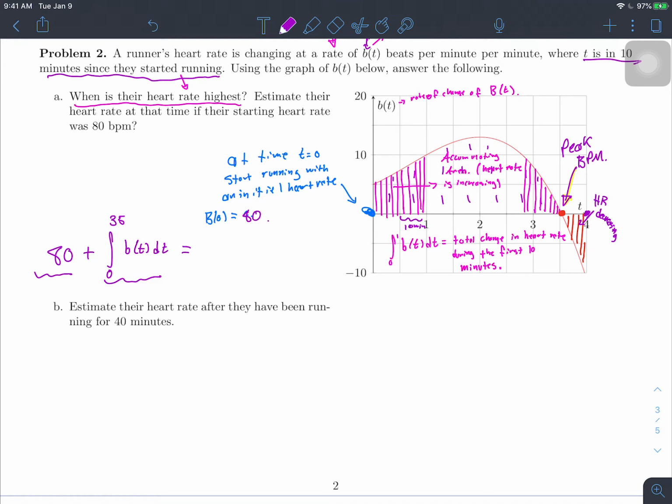So the total area here is 13. Should we be thinking of these boxes as having rate? They're 5 high. So 13 times 5 would be 65. So this is 80 plus 65.